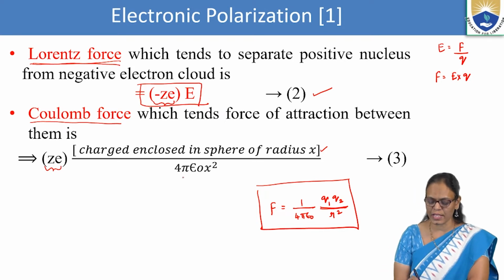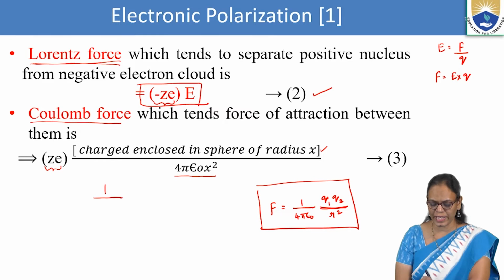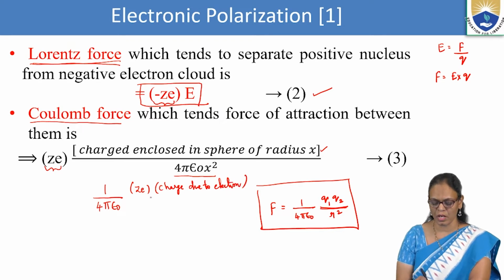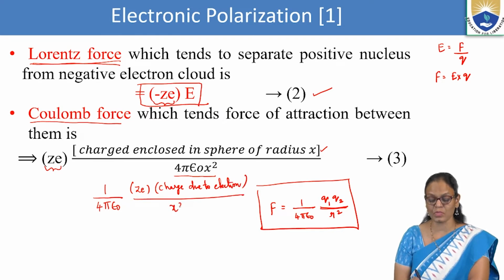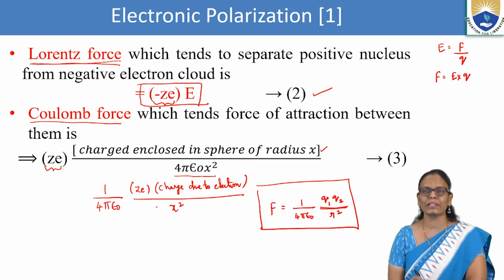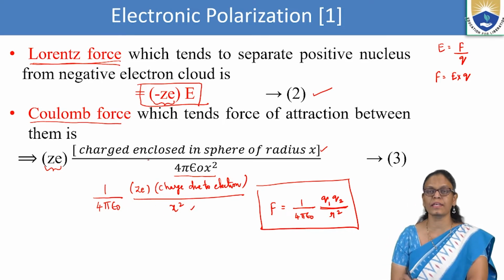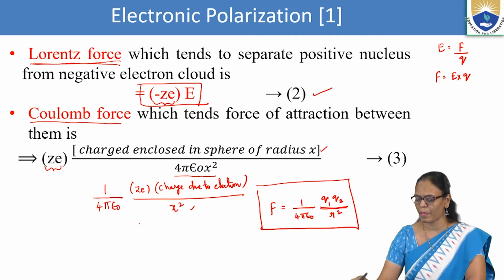So we are taking this as 4 pi epsilon naught x square. So we can also write it as 1/4 pi epsilon naught into Ze into charge due to the electron cloud in a sphere of radius x, upon x square, because we have considered the distance between these two as x.